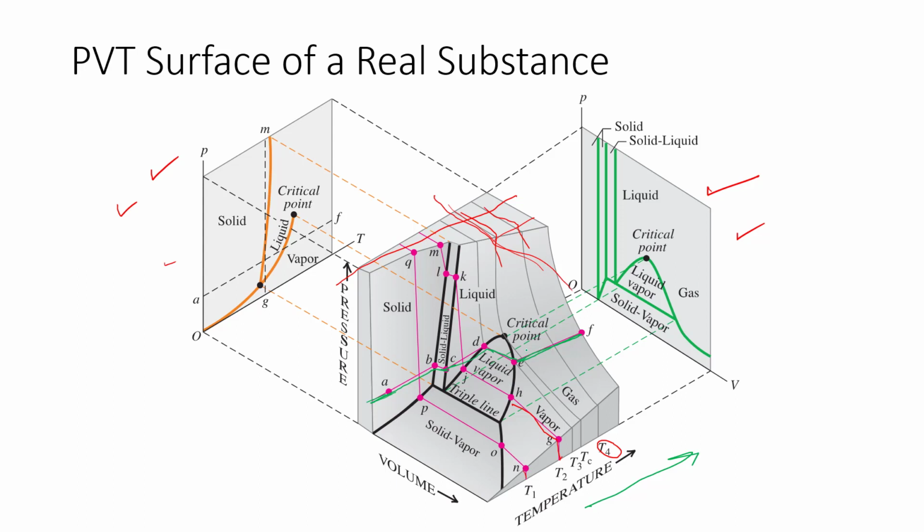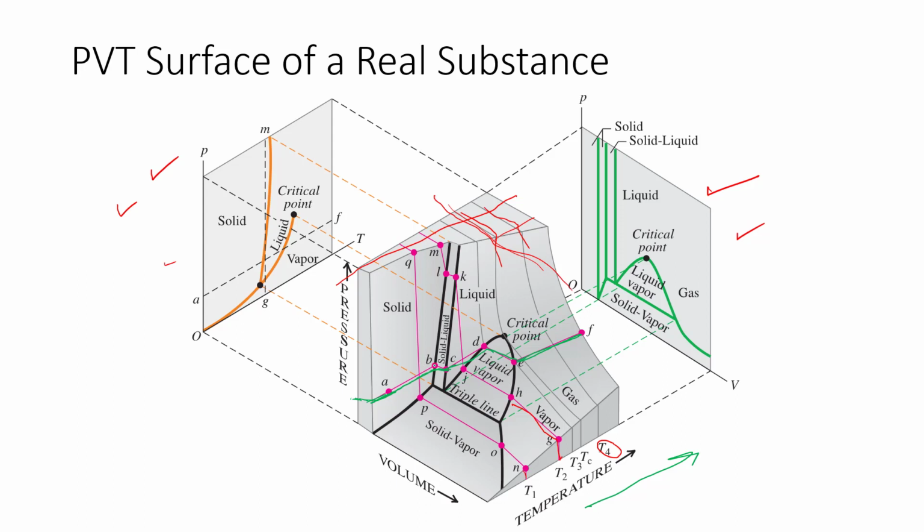As we heat the substance at constant pressure, this path is along a specific pressure. Pressure is increasing in the upward direction, but we are considering this section, which means the pressure is constant. If we move along that, we will see the melting occurs along BC.